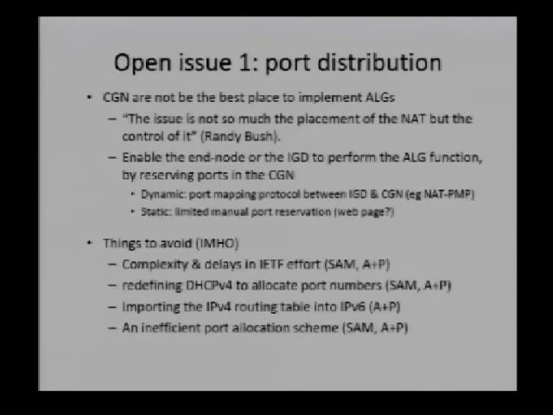One of the things that Randy brought up as a very, very important point is about what is happening with application-level gateways. And it's true that some applications require application-level gateways to work through a NAT. And the question, and I'm quoting Randy again, is not so much where the NAT is. It's who has some control on it.